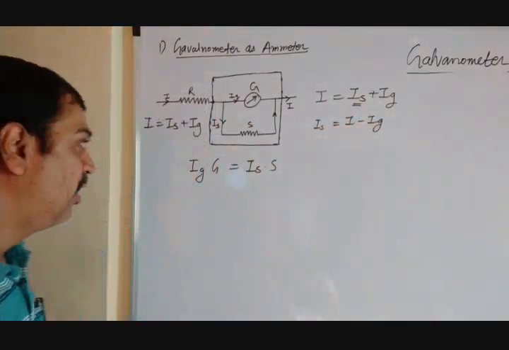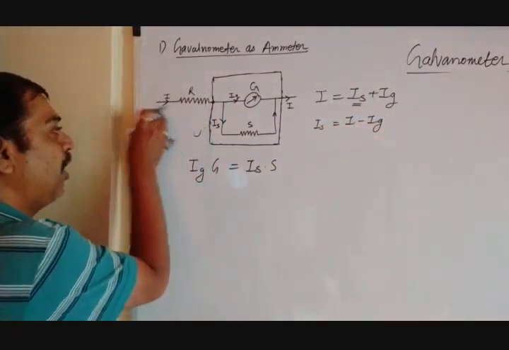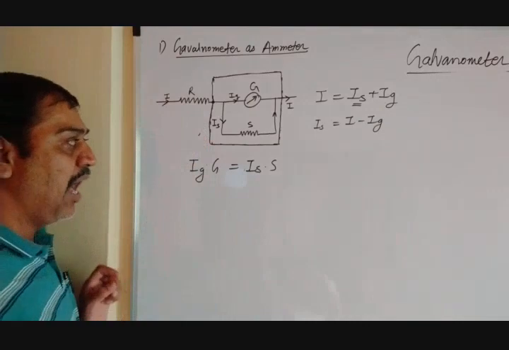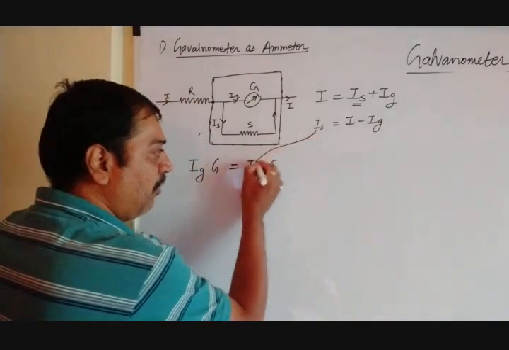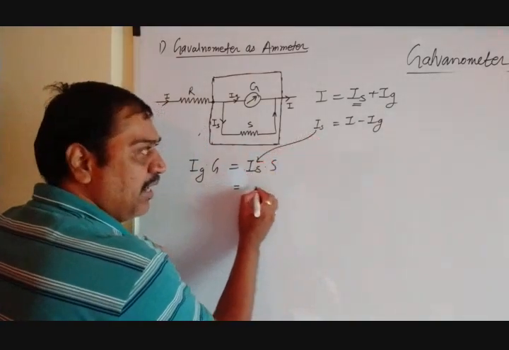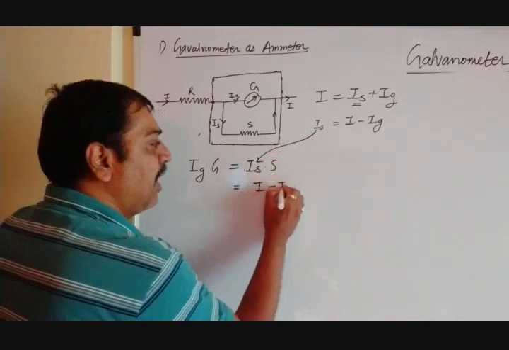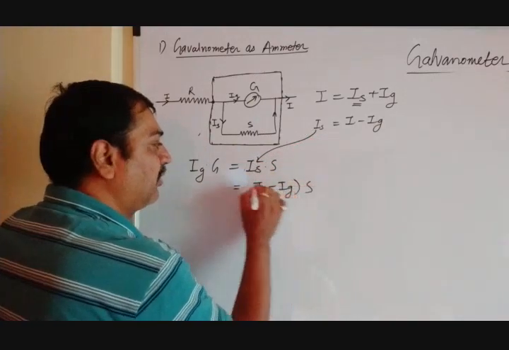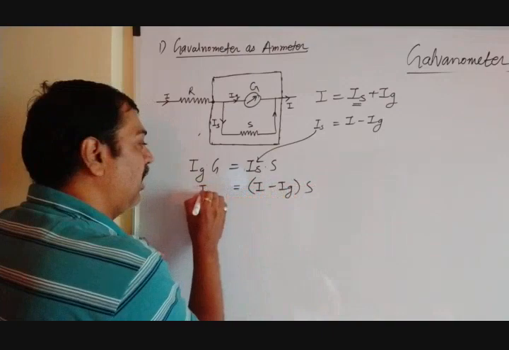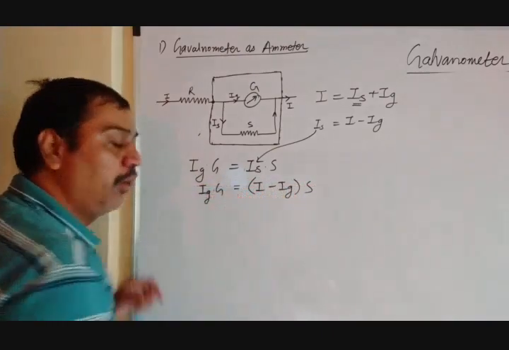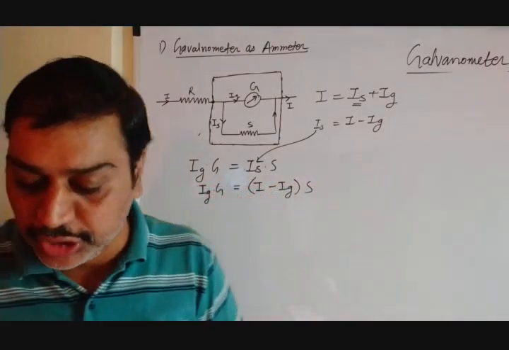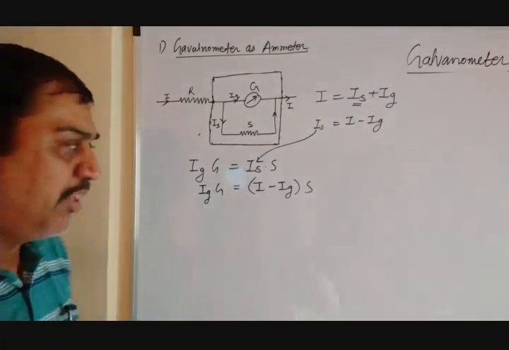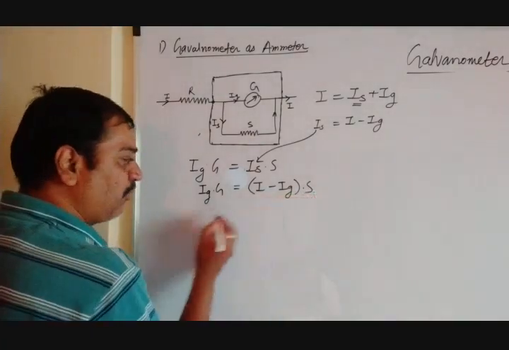That current we get, I minus Ig, and we have to put that value of current Is in this equation. Rewrite the equation: I minus Ig into S, and this is what? Ig into G equals I minus Ig into S. From this, find the value of S. This S we have to find out.